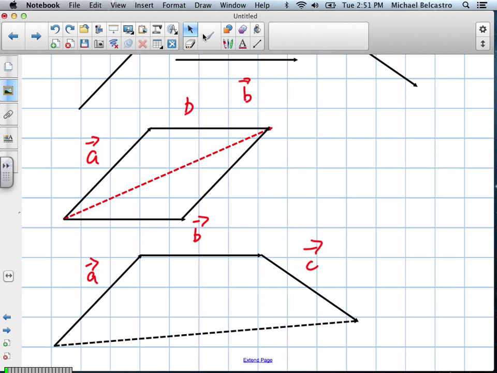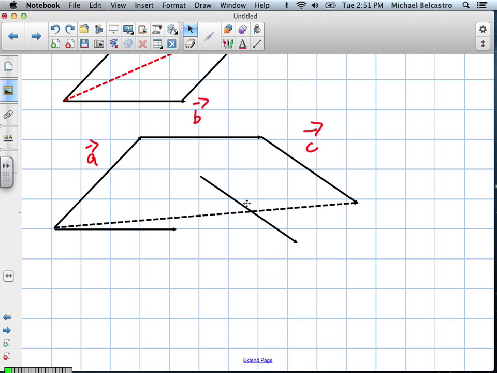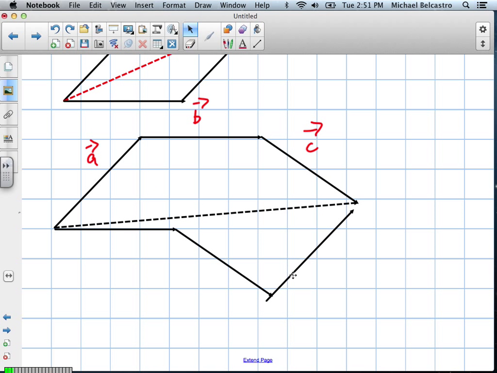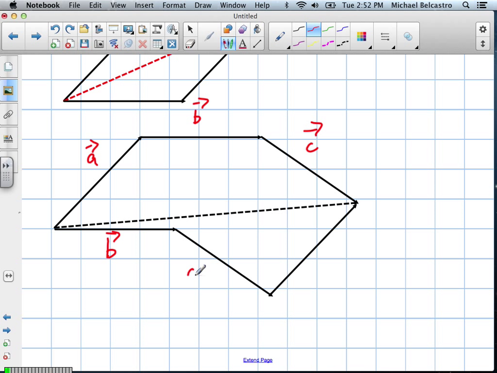So let's try that. B, C. I'm going to have to extend the page a little. And then A. And our resultant vector is the same. So it didn't matter what order we put these in. We decided to do B, then C, and then A, and we still ended up with the same resultant vector. So it doesn't matter the addition order. As long as we just add them all properly, we end up with the same resultant vector.